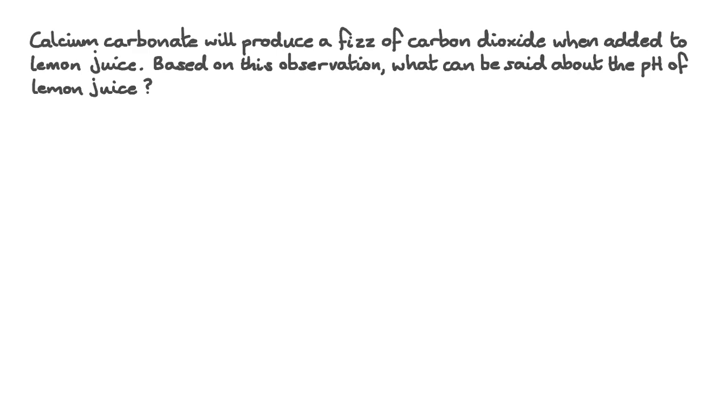Calcium carbonate will produce a fizz of carbon dioxide when added to lemon juice. Based on this observation, what can be said about the pH of lemon juice? Calcium carbonate is an example of a metal carbonate, and the question tells us that mixing calcium carbonate and lemon juice produces carbon dioxide.